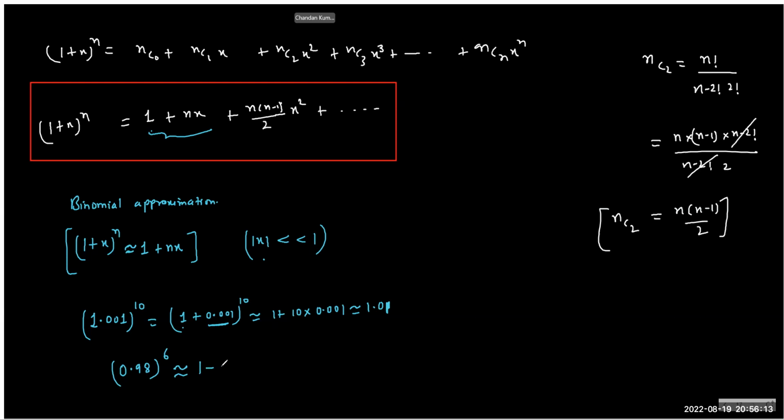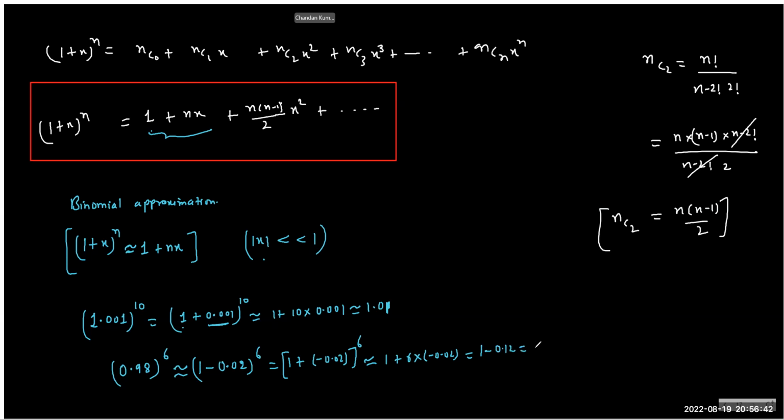You can write this as 1 minus 0.02. That's the easy way of writing. Or you can write 1 plus minus 0.02 to the power 6. So again use the binomial approximation. Why? Because 0.02 is very small compared to 1. This is roughly 1 plus 6 times minus 0.02, which is how much? Minus 0.12.